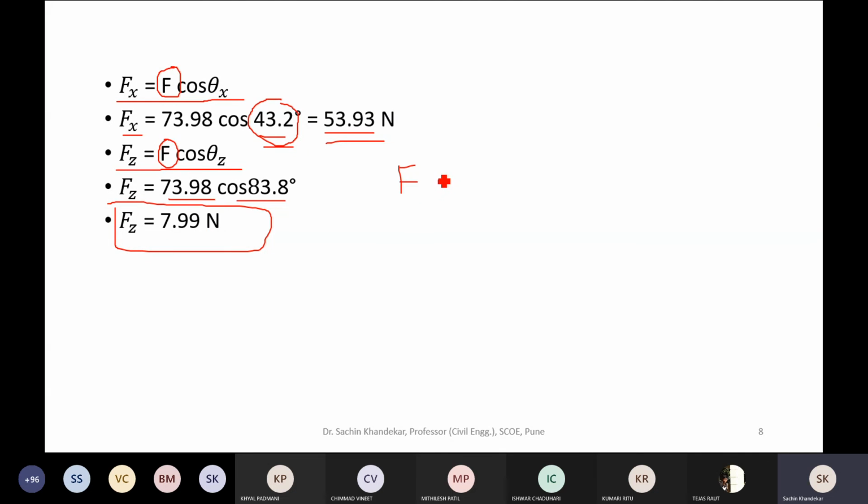If you want to check, F must be equal to root of Fx square plus Fy square plus Fz square.